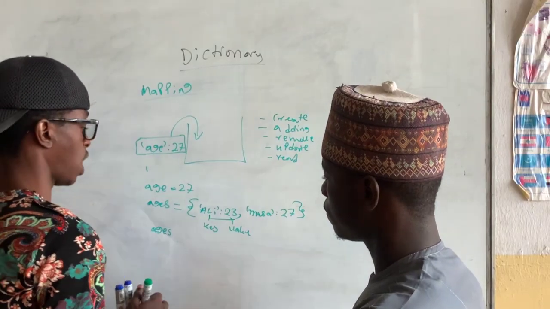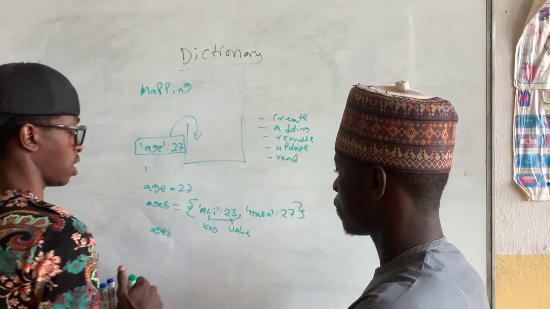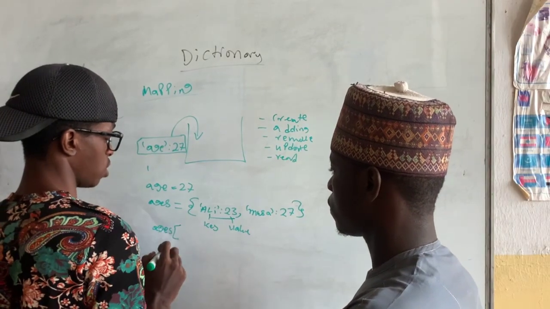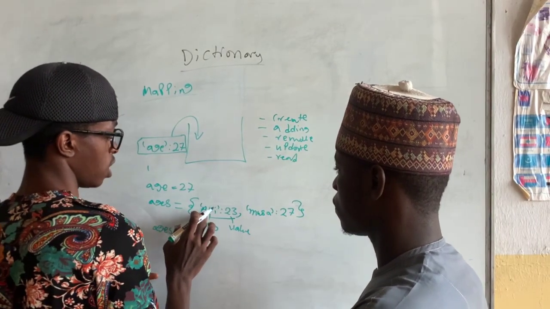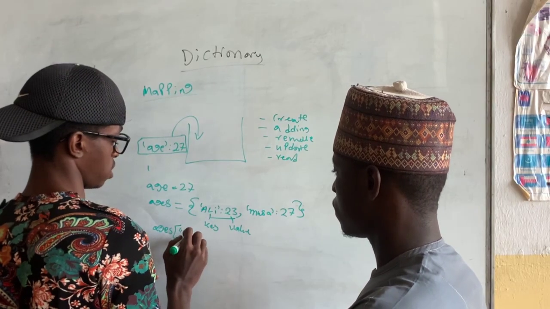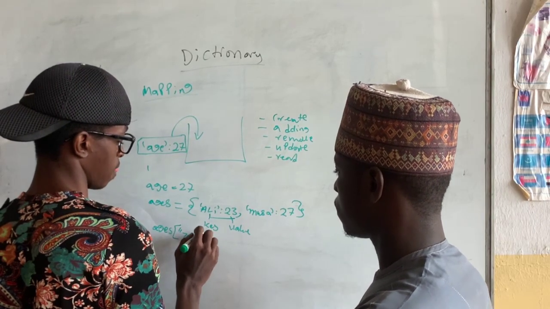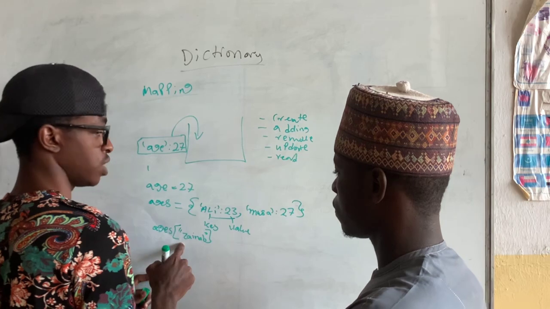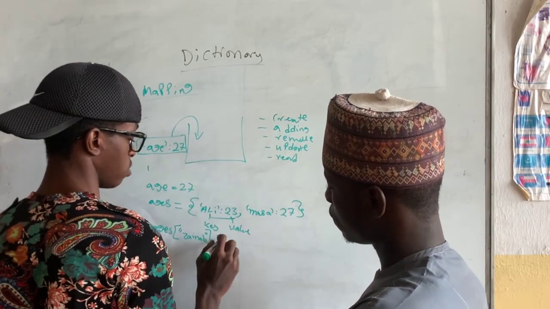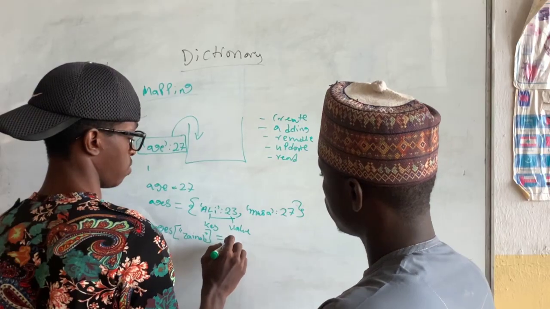So how can we add an element to it? We're going to create a new key. Now we only have Ali and Musa. So what if now I set Zainab? This is a new key. We don't have Zainab here. Since it's a new key, I'm going to give it a value. Let's say 43.